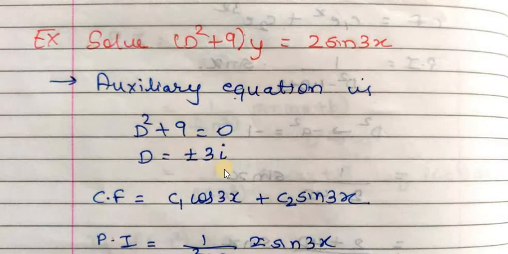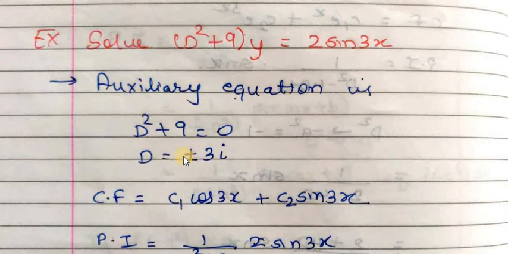Now you can see that this is a complex number. If you are given a complex number alpha plus minus i beta, then to write CF, it will be e raised to alpha x cos beta x and e raised to alpha x sin beta x. Then you write its linear combination, that is c1 e raised to alpha x cos beta x plus c2 e raised to alpha x sin beta x, where alpha is the real part and beta is the imaginary part.